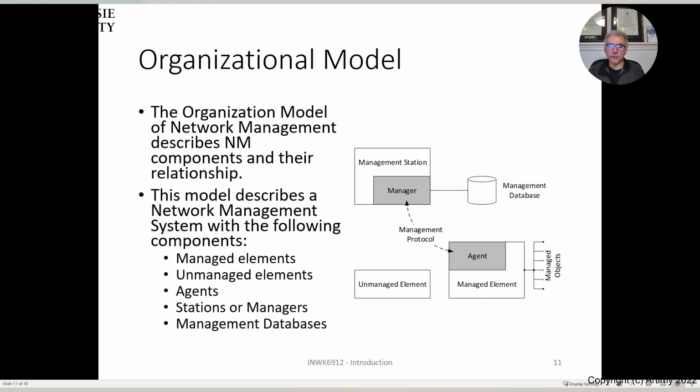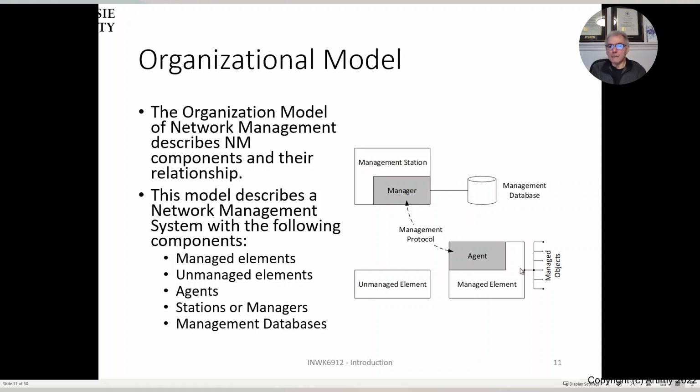It could be anything, right? It could be your TV, if your TV can be managed. The other side of things is the management station. The management station is where you have all the tools that you need to manage your network.